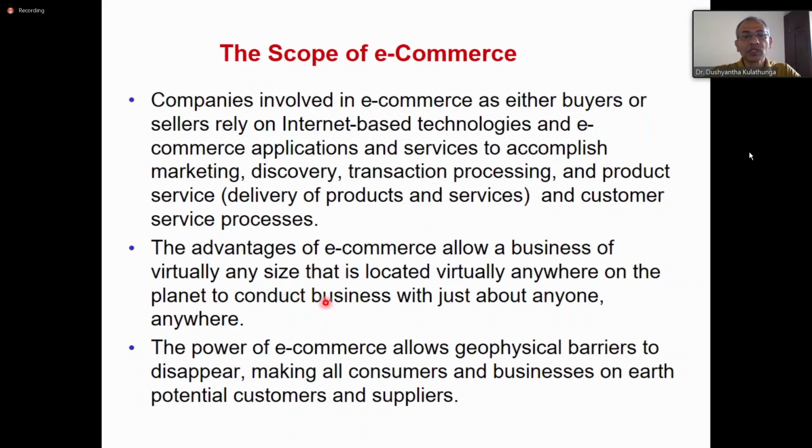And also the location of the customer or the supplier is not going to matter in relation to the e-commerce operations. So therefore, the customers or suppliers in the world can become potential customers and suppliers for any organization with the internet technology and the other technologies that are available today.